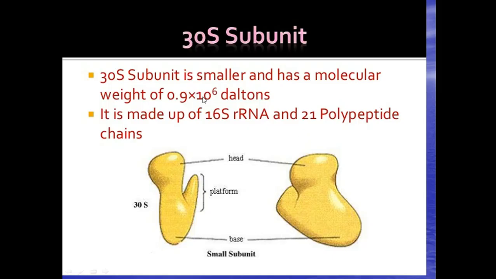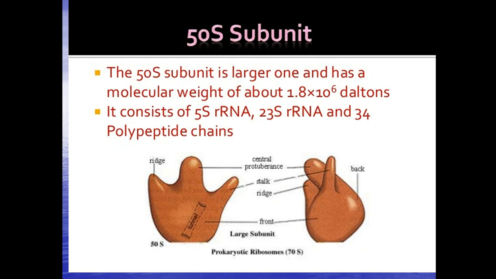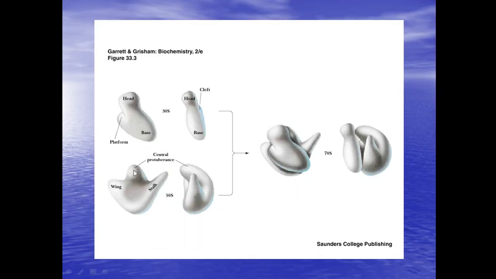See, this is the 30S subunit, this is the 60S subunit, 50S subunit. When they are together, this will be 80S, and the prokaryotic one together will be 70S.